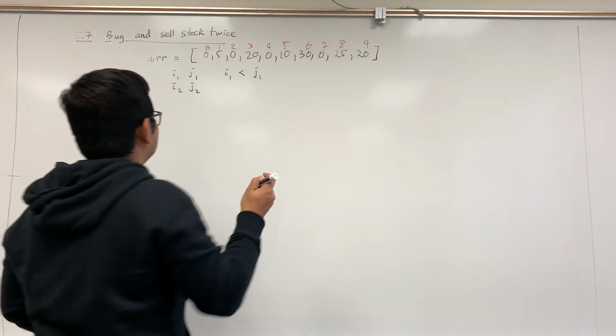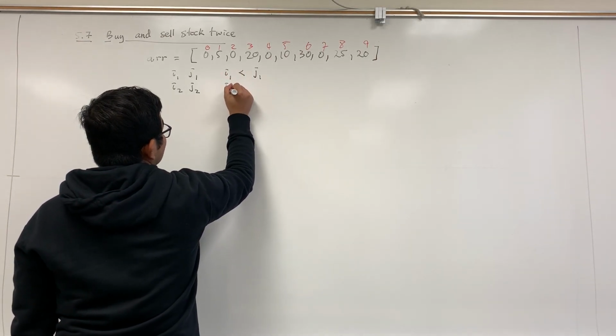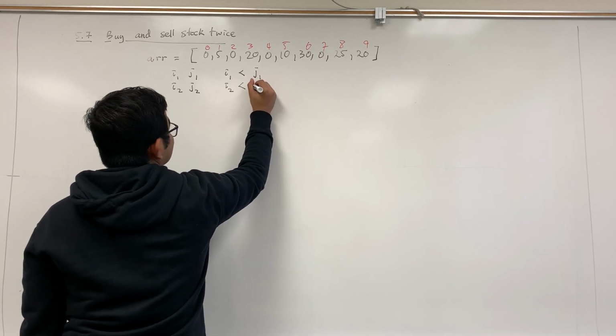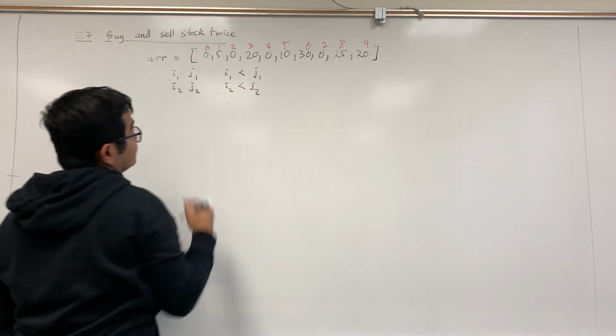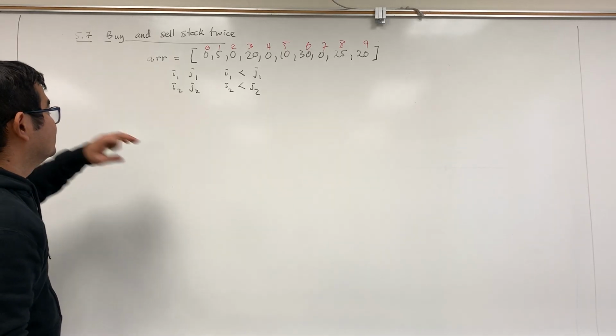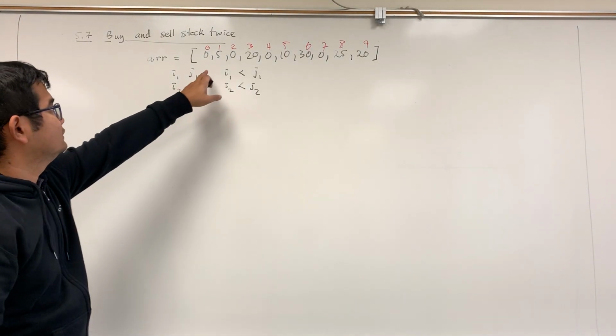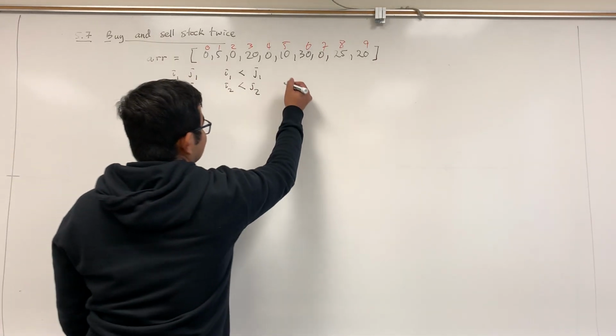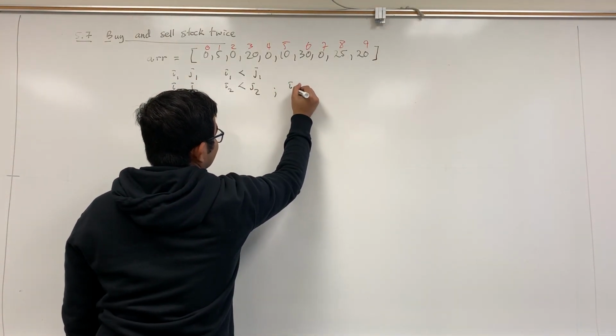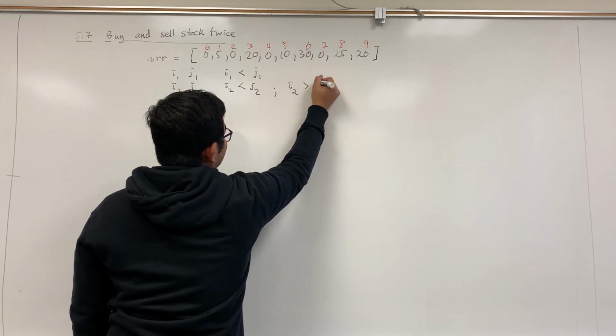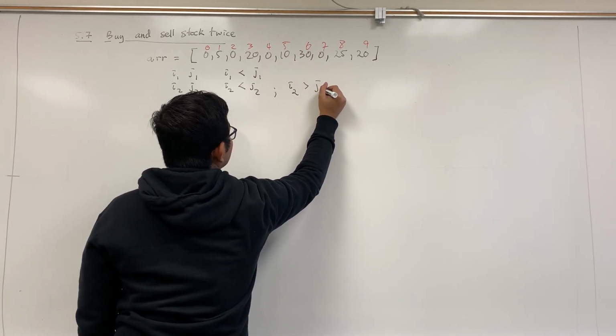And also I2 has to be less than J2. And according to the question, we have to buy the second stock after we sell the first stock. So that means that I2 has to be greater than J1.